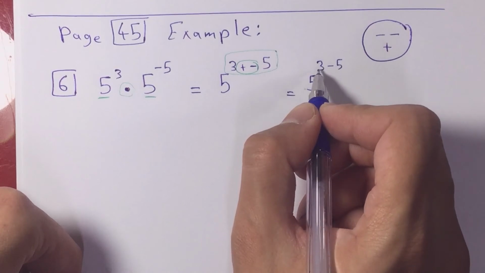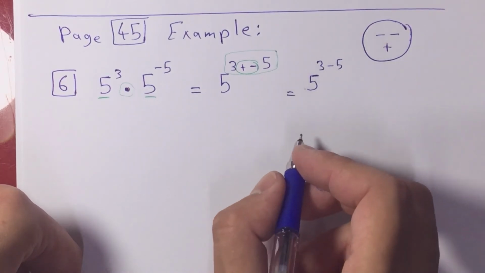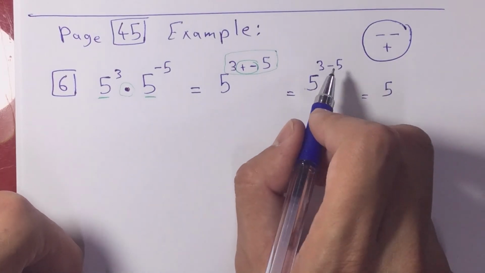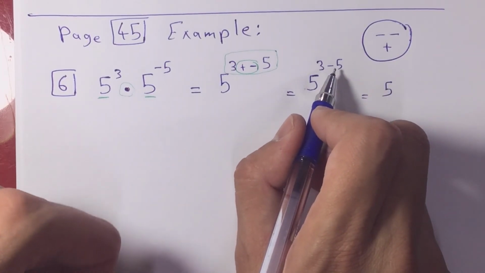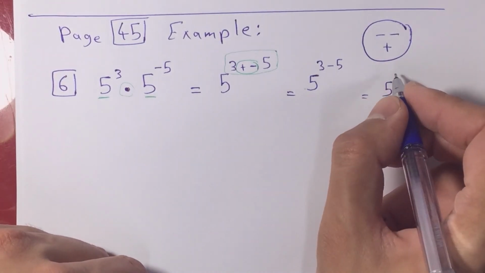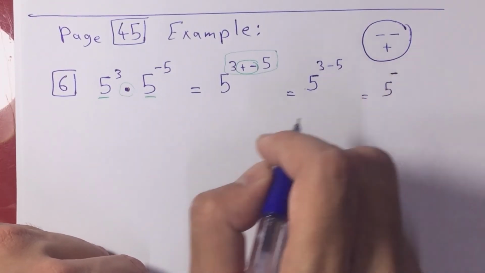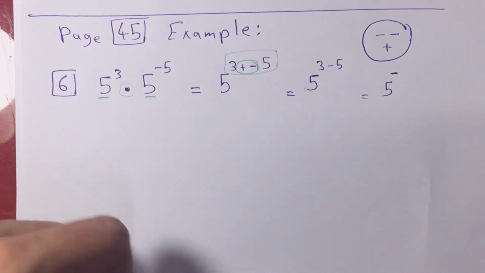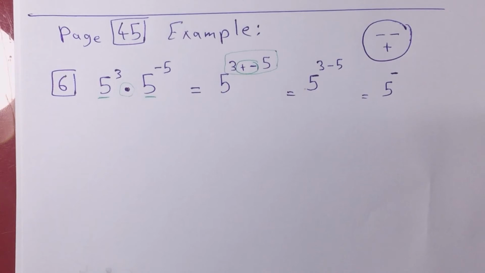Okay, how much is 3 minus 5? We can simply write 5 to the power. Who's greater, 3 or 5? It's 5. So we first put the sign of the greater, which is negative, because negative 5 is the greater. Now, are these the same signs or different signs?